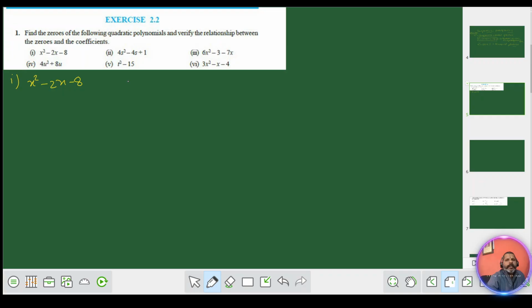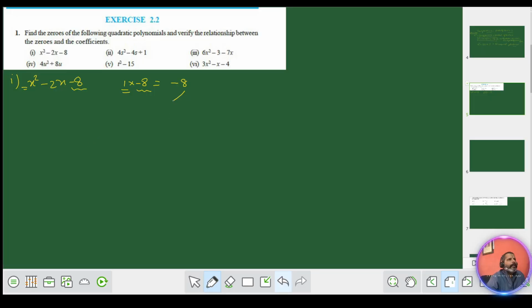First thing, use the splitting method, solve for the zeros first. That is 1 into minus 8 gives you minus 8. How do we get 1 and minus 8? You should be knowing it. I have explained it many a time. 1 is your x square coefficient, 8 is your constant.